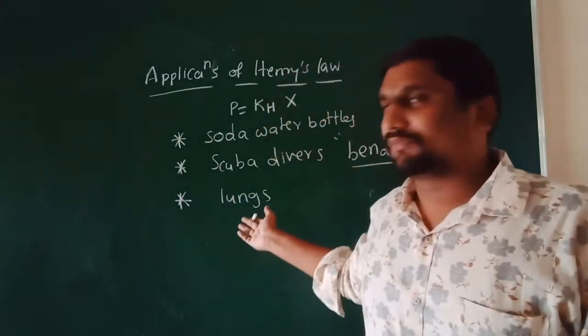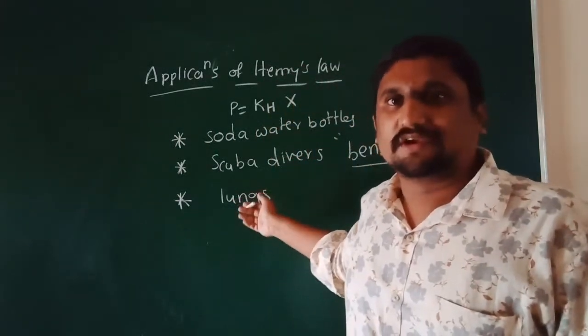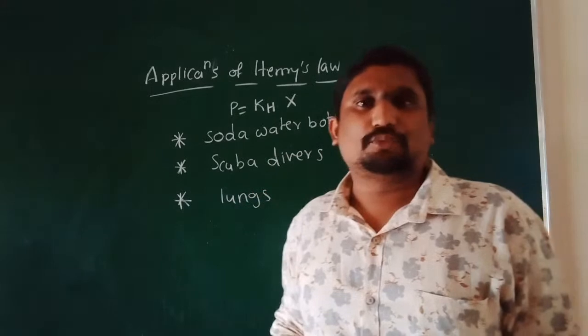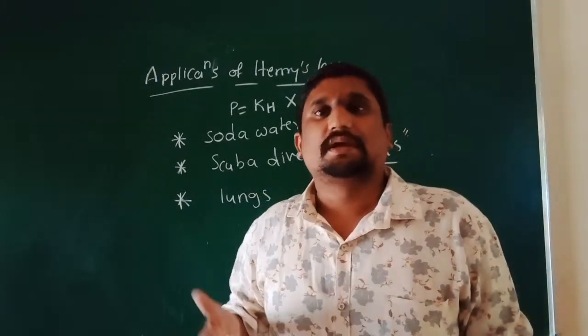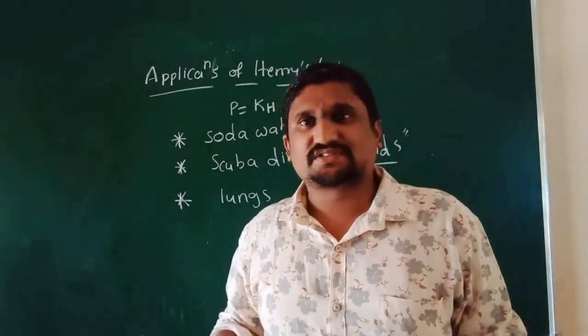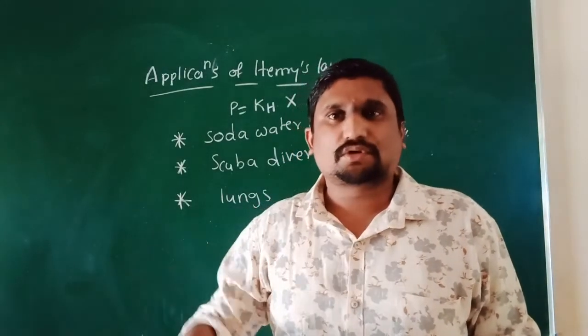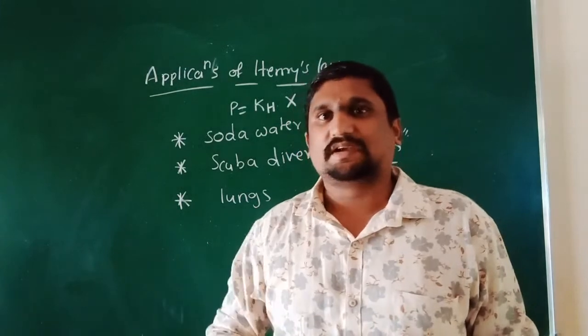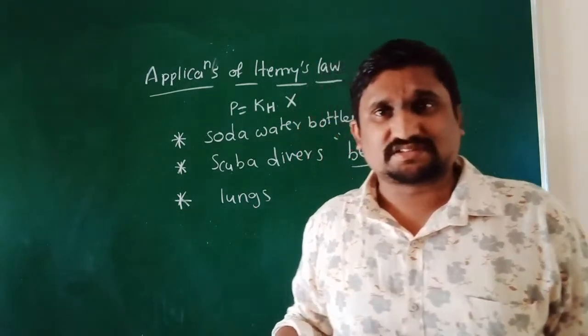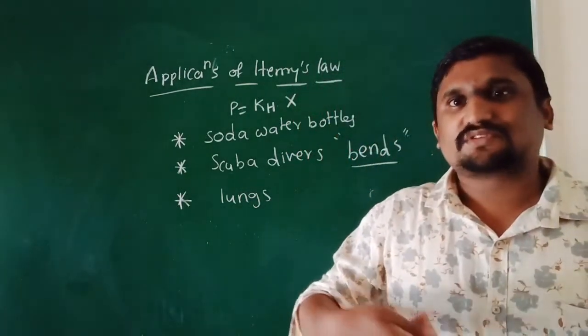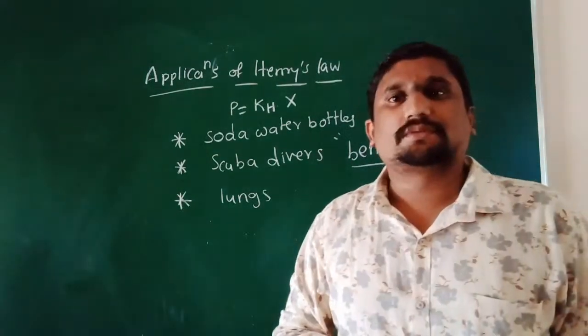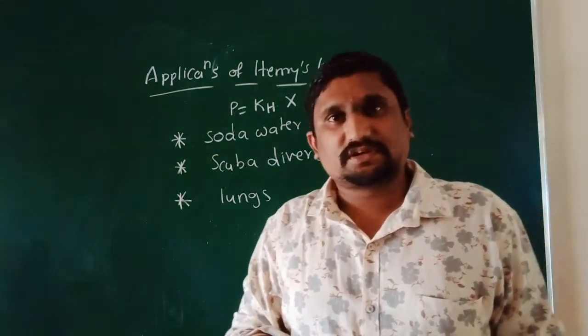That blood, after dissolving the oxygen gas, will move to the tissues. In the tissues, pressure is less. Pressure is less means the oxygen gas which has been dissolved in the blood comes outside. The oxygen gas which comes outside will be used by the cells present in the tissues.